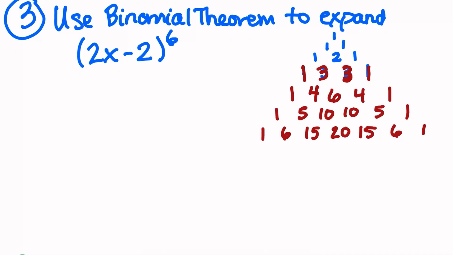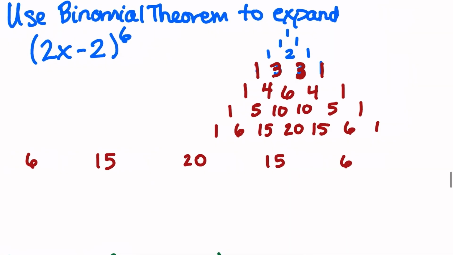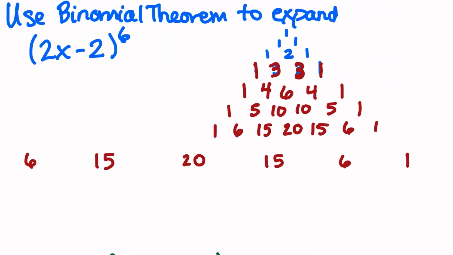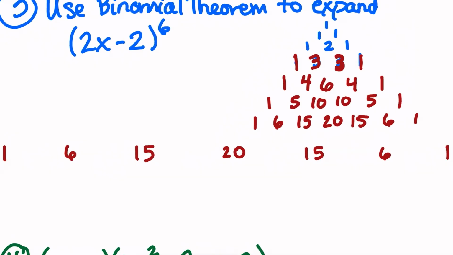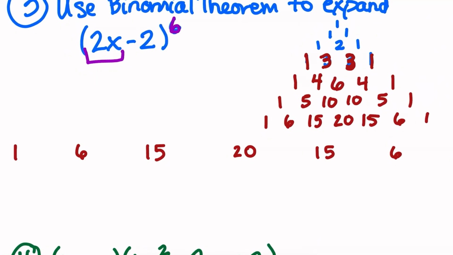Second step is you're going to write those numbers out really spread apart. So 1 and then 6, leave some space, 15, space, 20, space, 15, space, 6, space, and 1. The next step is we are going to take the number on the left and put it to the power of 6, and then to the power of 5, 4, 3, 2, 1, going down from the left.